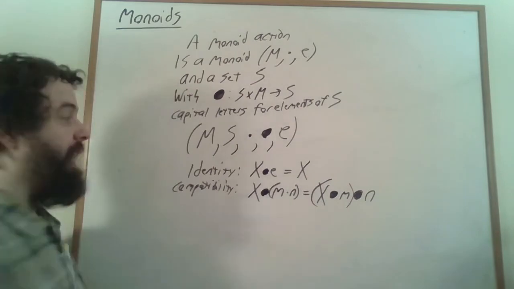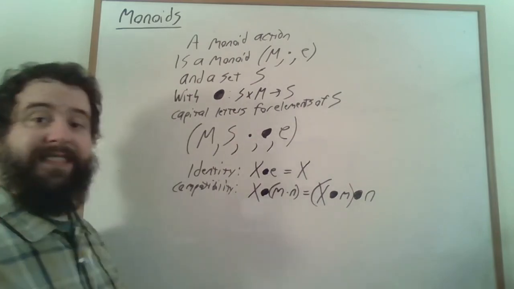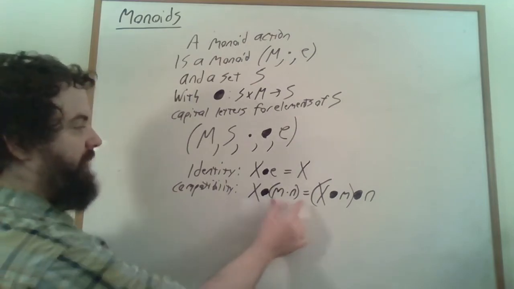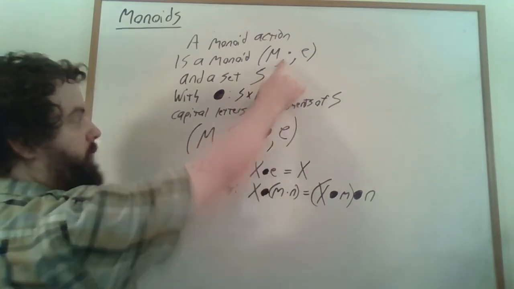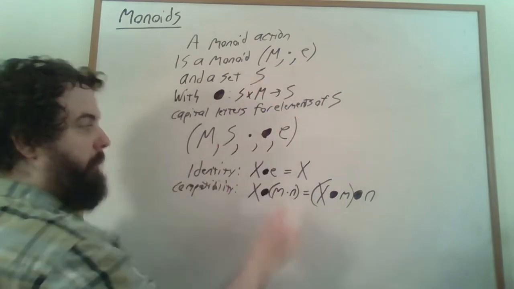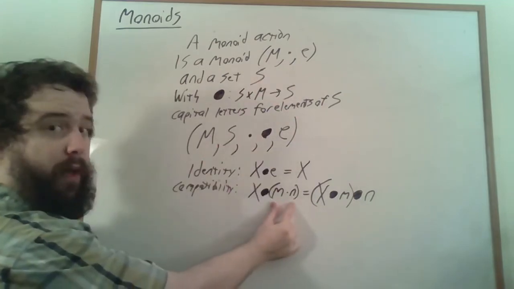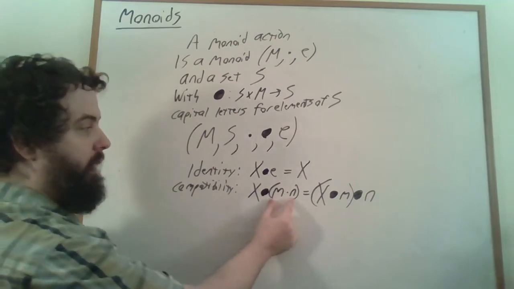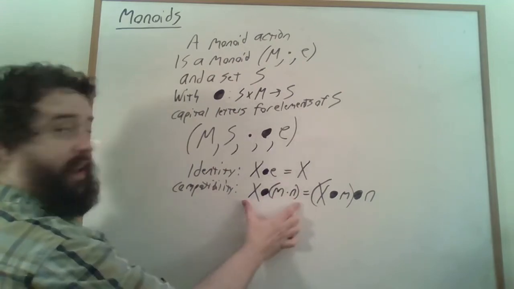And it's worth checking that this equation here makes sense, that it types correctly. On the left-hand side, we have the monoid product of two elements of the monoid. So this is going to be an element of the monoid. And then when we take an element of our set and big multiply it by an element of our monoid, we get an element of our set.